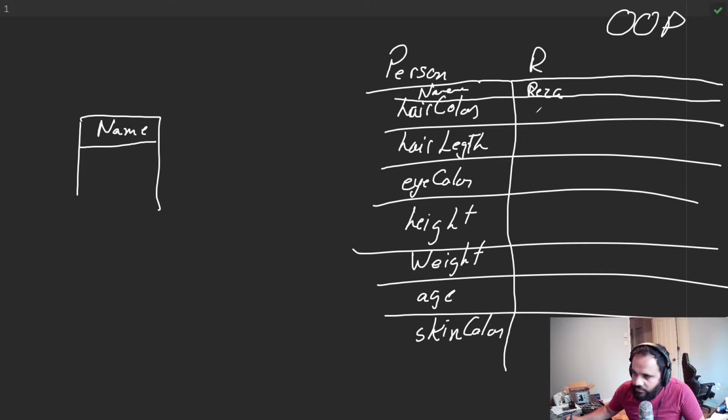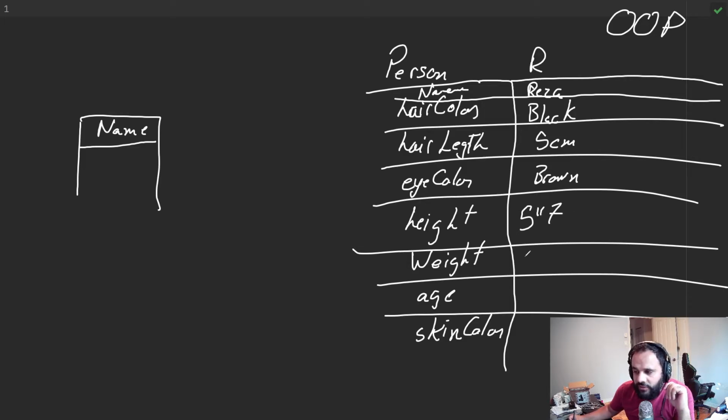What's his hair color? It's black, maybe sometimes brown in the sunlight. What's the hair length? Well, it's diminishing, maybe almost zero. I don't know. Let's say a good length, 5 centimeters. I have no clue. What's his eye color? It's brown. What's his height? 5'7", I think.